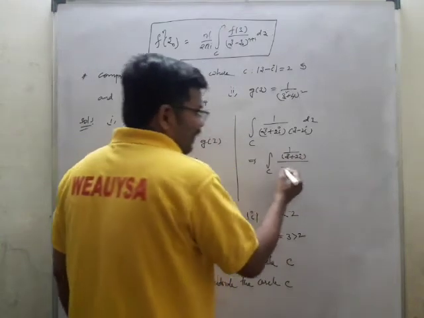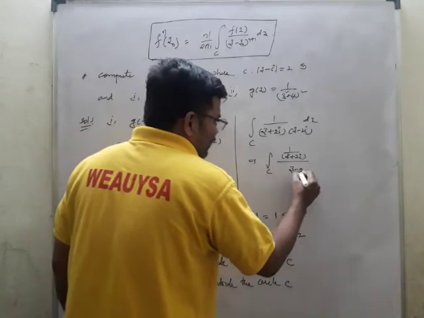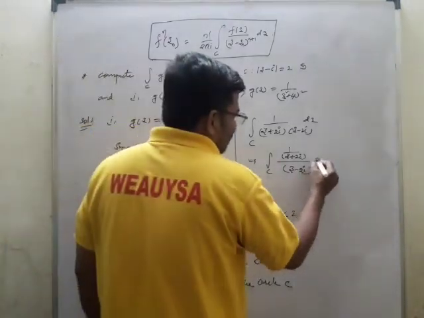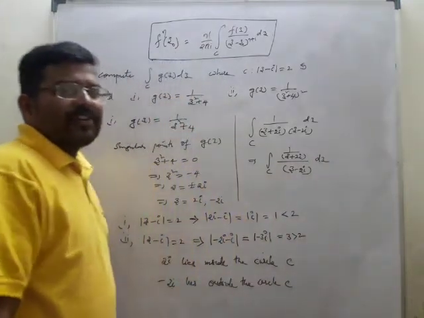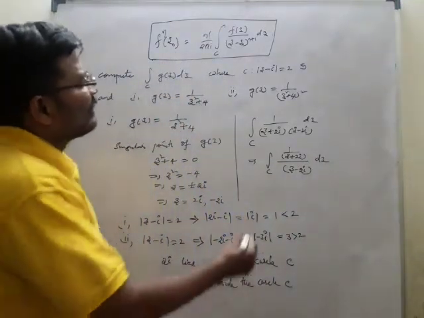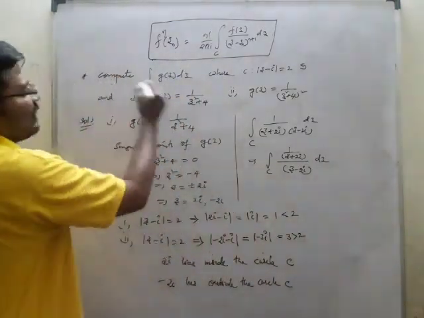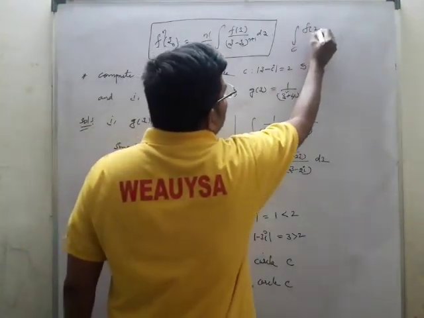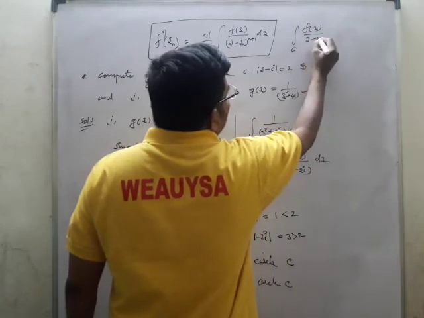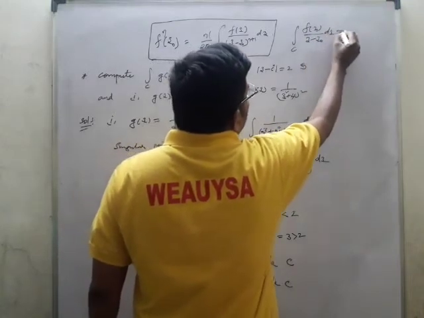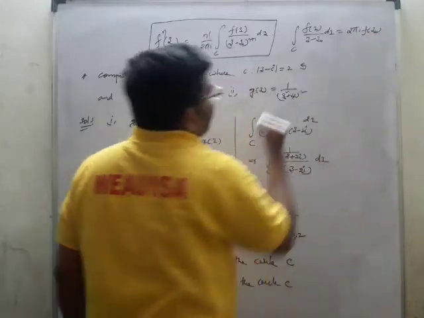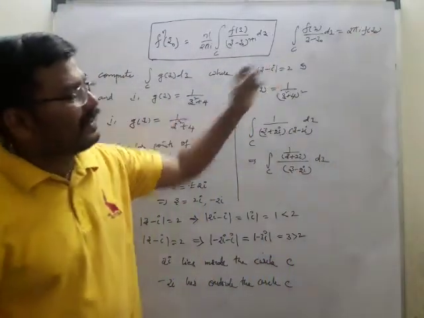That becomes f of z, and z minus 2i is our denominator. This is dz. Now, what does Cauchy's integral formula say? Cauchy's integral formula is integral C f of z by z minus z naught dz is equal to 2 pi i into f of z naught. That is the Cauchy's integral formula we have done.